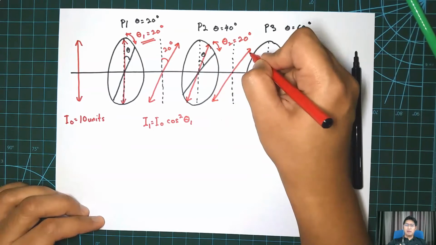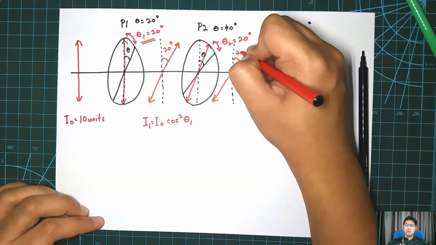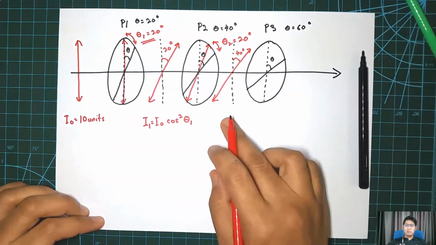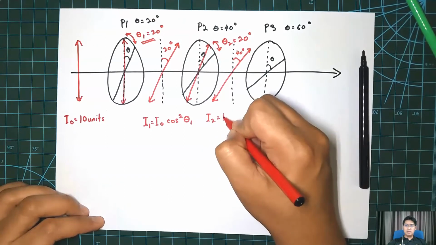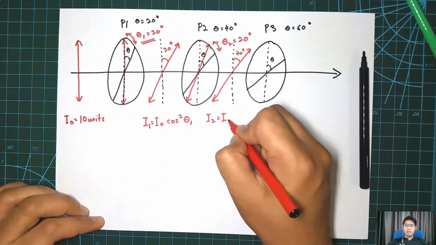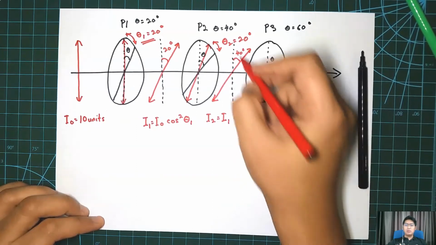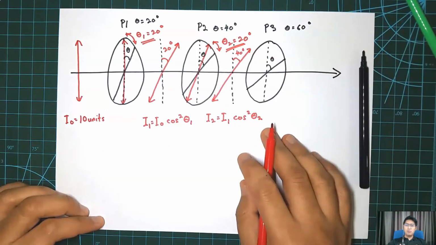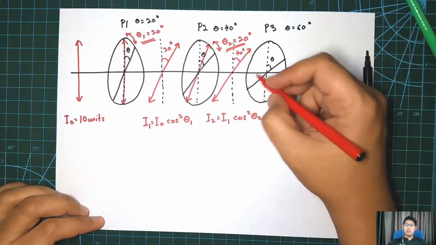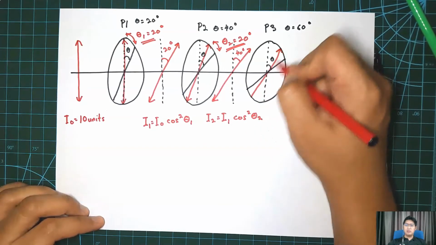And then the output from the second polarizer must follow the transmission axis of the second polarizer. That is for the direction. For the intensity, it must follow Malus's law. So here I2 equals I1 cos square theta 2. Theta 2 is the angle between the transmission axis and the incident light.